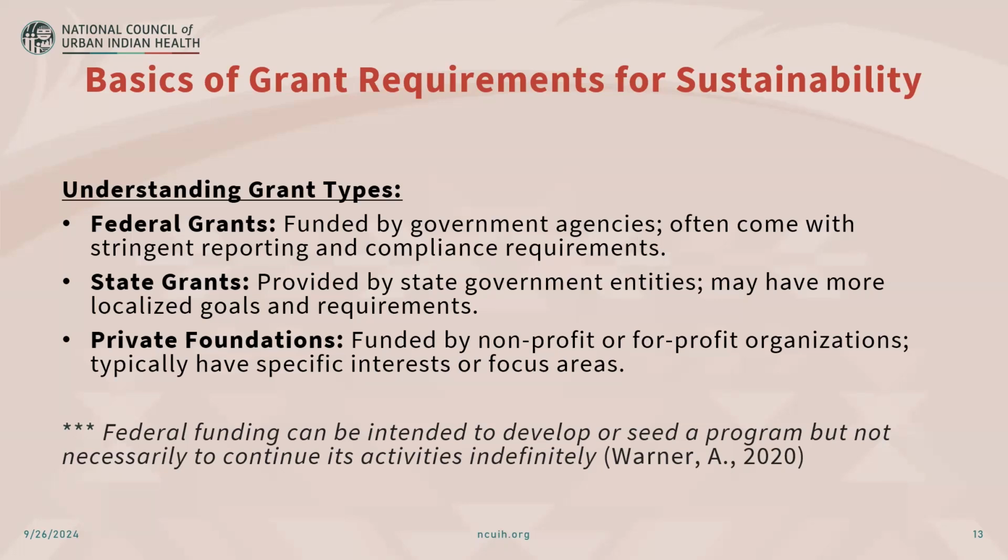Primarily, I'm speaking of the federal grants. The state grants are provided by states and government entities, and are typically geared towards localized goals, statewide goals, and objectives. The private foundation grants are funded by nonprofit, or typically for-profit organizations focusing on specific interests or areas of need.